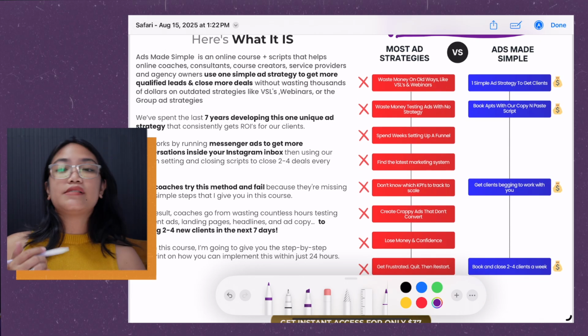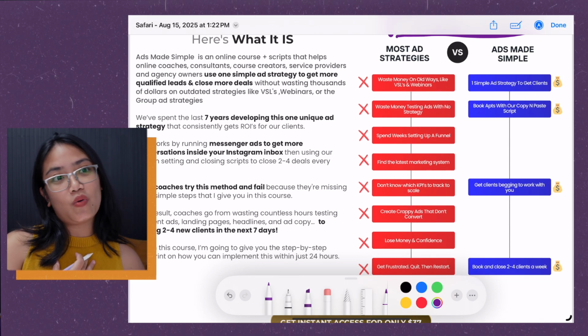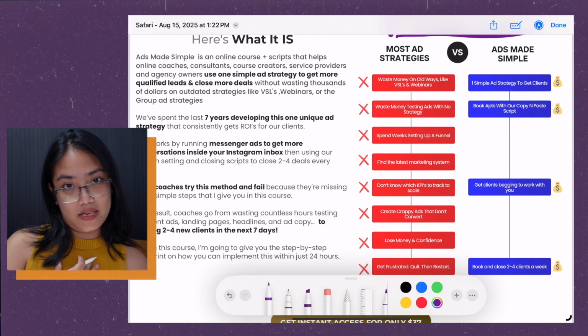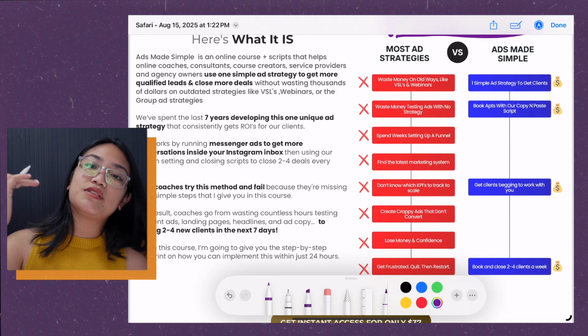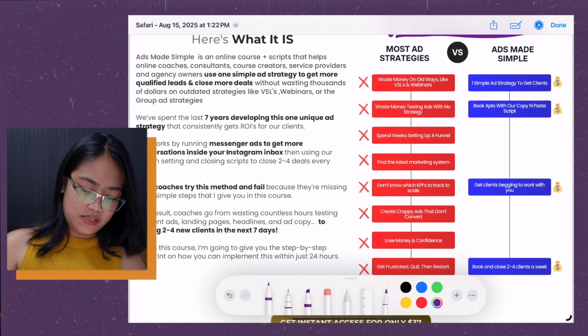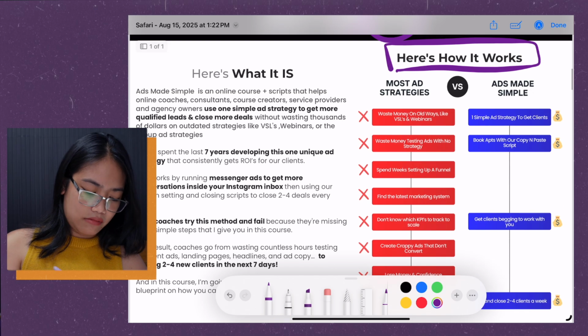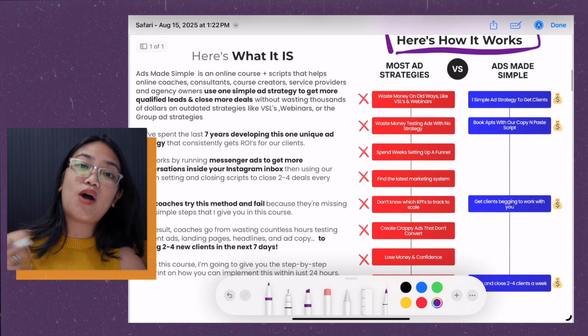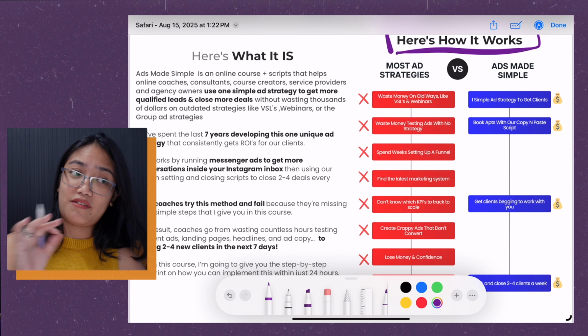So as a person like me who has self-proclaimed ADHD, I don't really read the entire sales page by heart. So what I do is I scan the items that I feel are most important before I decide to buy. And that's also how I compose my sales pages, with very little text.